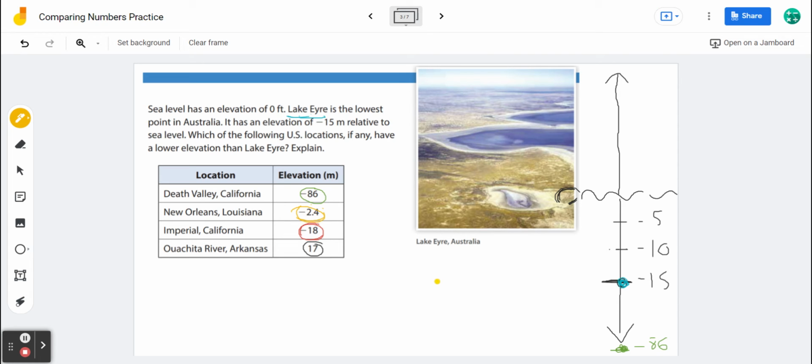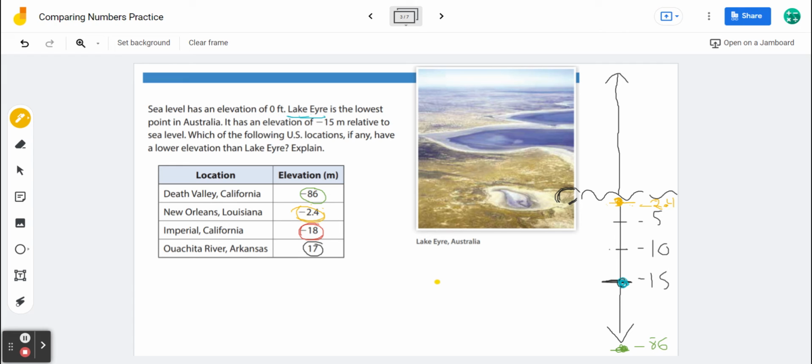So that means Louisiana is going to be somewhere right here. Negative 2.4. That's where New Orleans, Louisiana is.